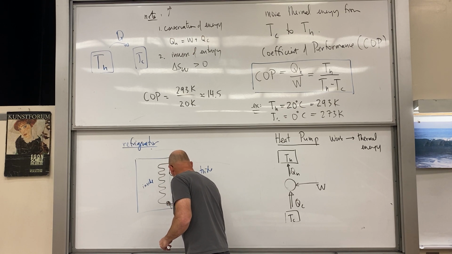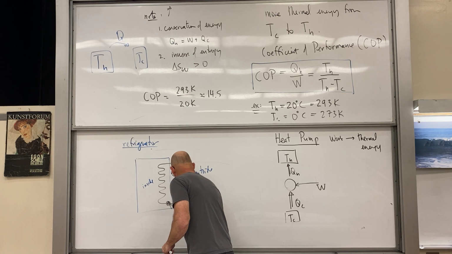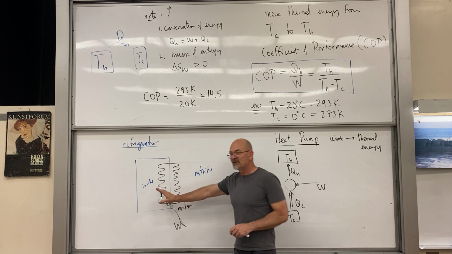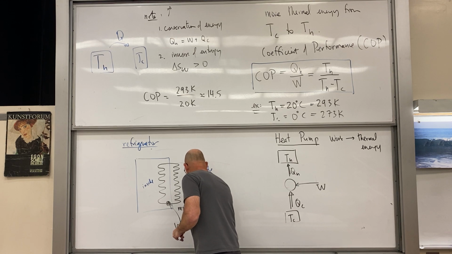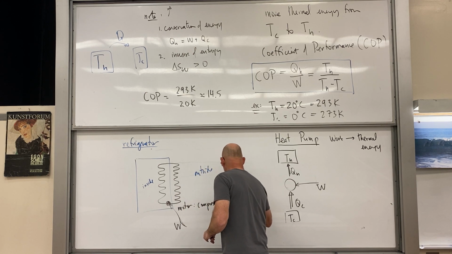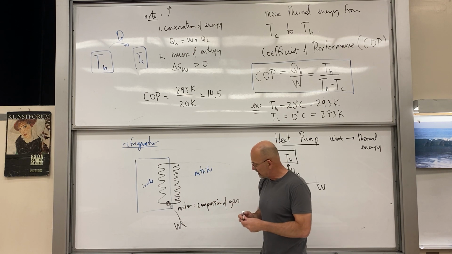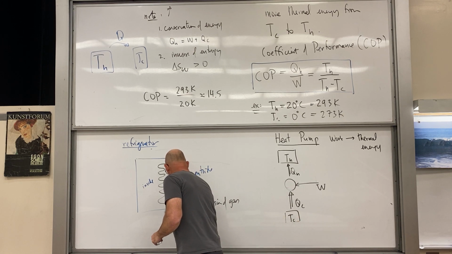And we're going to put a motor here. So this is where the work goes in. This is a motor that compresses the gas. Okay, so it's a pump. So compression of the gas. Now I have to do some arrows here. So let's see. This is the direction of the gas flow. Okay.